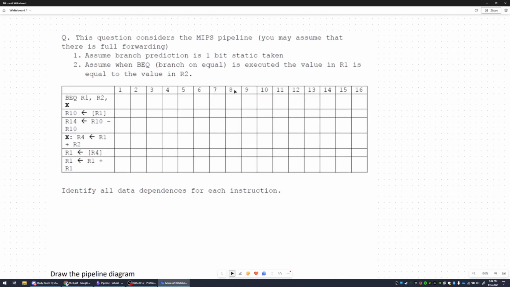So for this one, it's a static taken branch predictor. And then this one, same thing. R1 is equal to R2. All the data dependencies, I think it's the same thing, right? So instruction, register, and then dependency on.